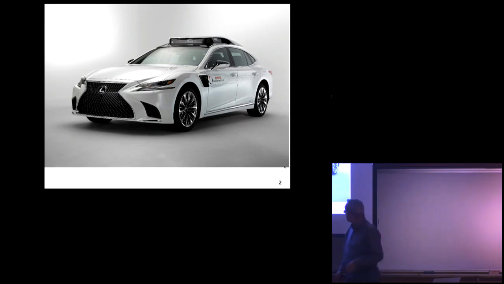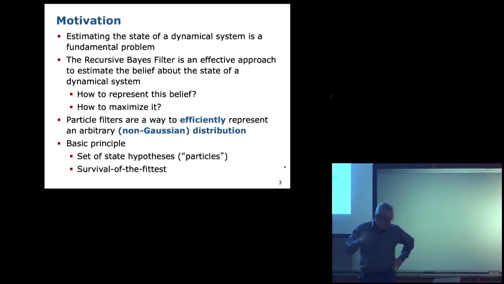Okay, so what is behind this lecture? Usually when you build a robot that needs to operate in an environment and do this in an autonomous fashion, then it is usually helpful if the robot knows about its own state and maybe also about the state of the environment.